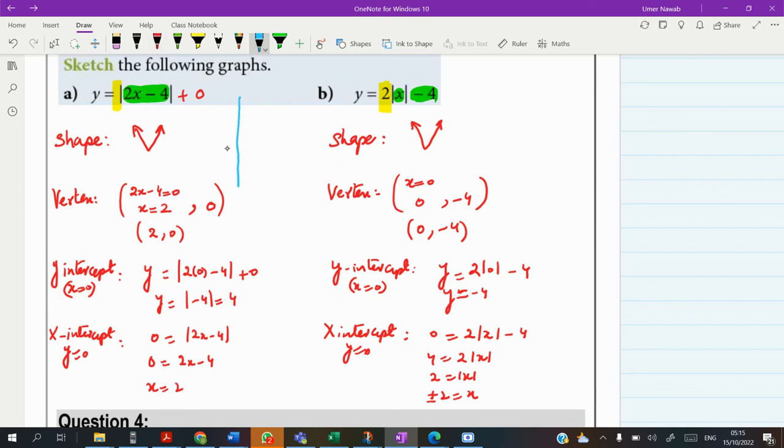Now I want to draw my sketch. For the sketch, first thing is, what is the vertex? 2, 0. This is 2, 0. And then what is the y-intercept? 4. So I'm just going to show on the y-axis 4.